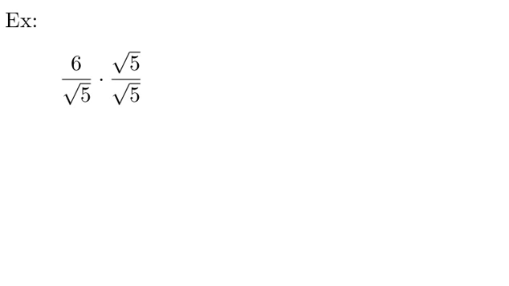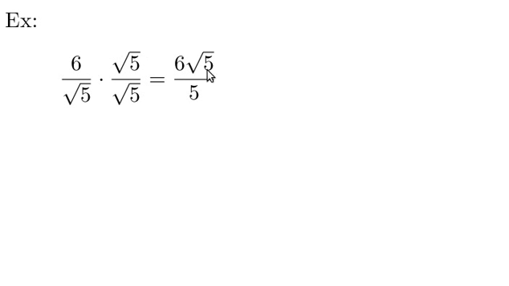So this is equal to the fraction of 6 times square root of 5 over 5. This root 5 times this root 5 becomes normal 5, and this 6 times root 5 equals 6 root 5. So now we've rationalized the denominator.